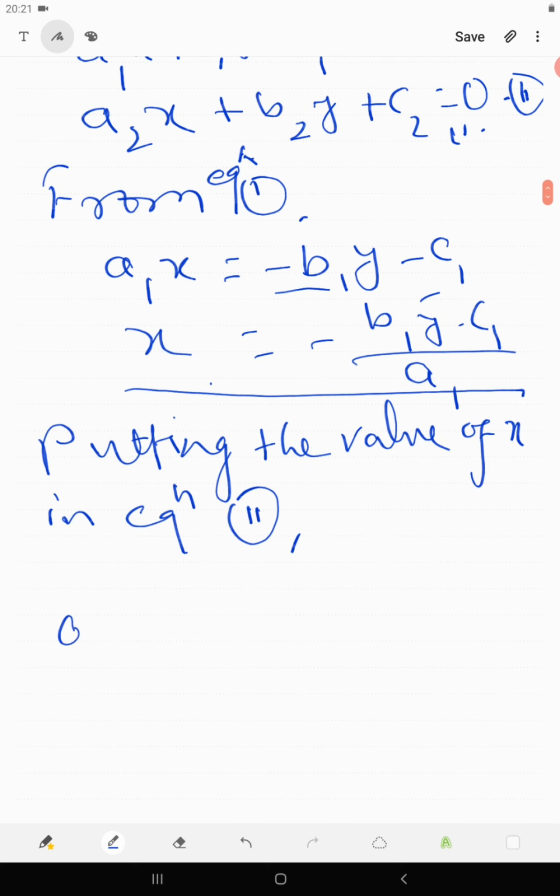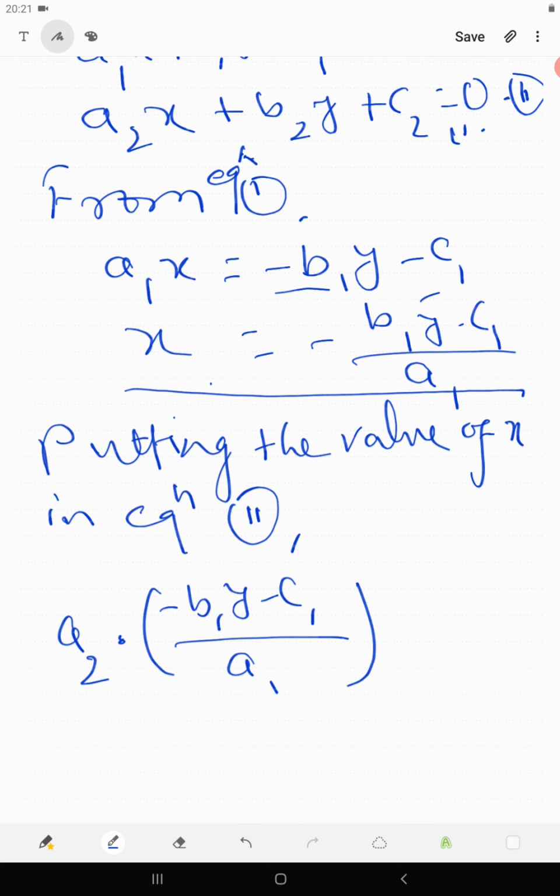So it will be a2 into (minus b1y minus c1 divided by a1) plus b2y plus c2 equals 0. Now you can see that in this equation there is only the y form, there is no x. This way we are going to solve it and finally we will get the solution.